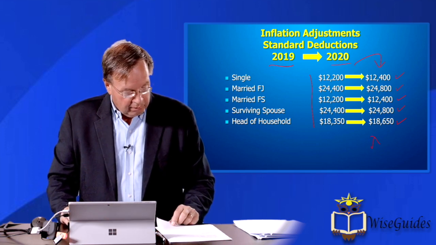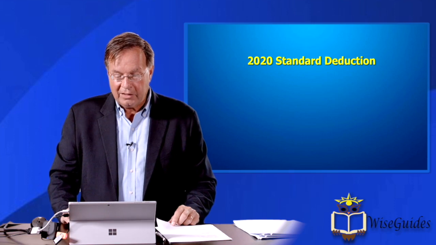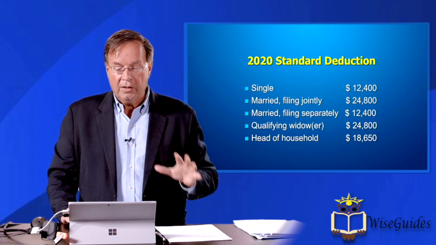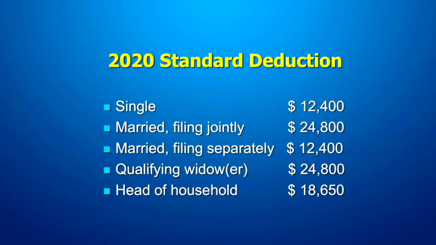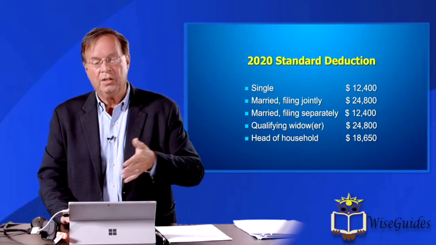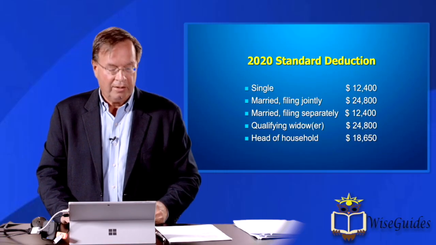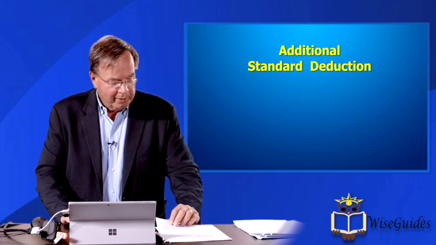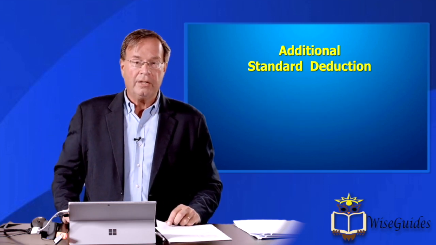On my next slide, I just put those amounts for these 5 categories so you can see them as a quick reference guide as we go through. Because the focus of this is inflation adjustments, I wanted you to see how those things changed. There's one other adjustment that we have, and this is called the additional standard deduction.